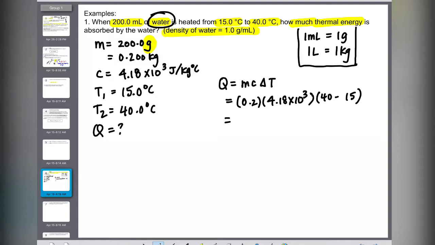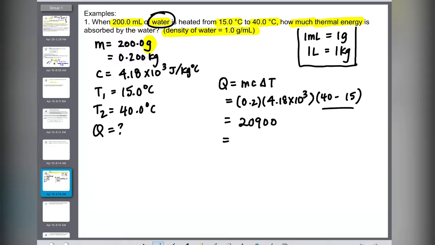Punch it in your calculator. Just be careful of the brackets: when you solve for anything in the bracket, make sure you do that one first. The answer I got is 20900. Then take a look at sig digs.